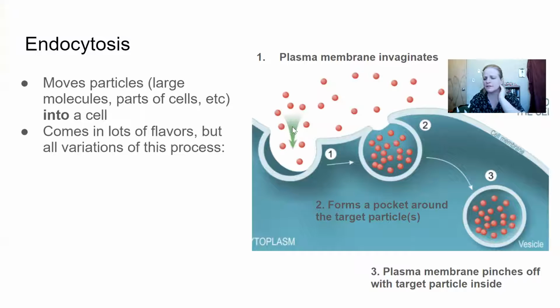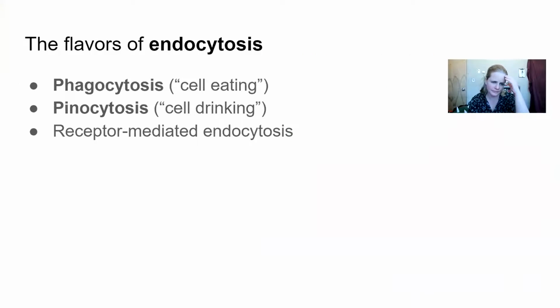Whatever the cell is trying to move migrates into that pocket, and eventually the plasma membrane will pinch off. Now we have a little vesicle inside of the cell that contains whatever the cell wants to move. The things that we're going to talk about are variations on this process.